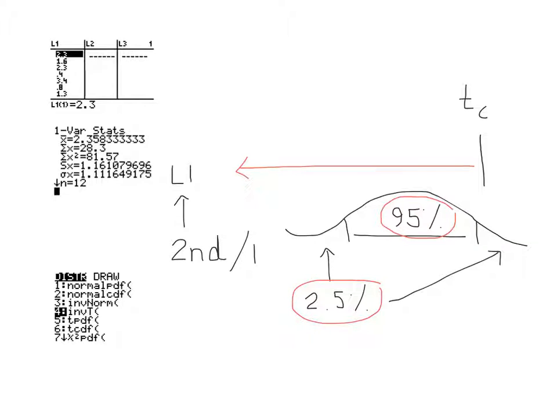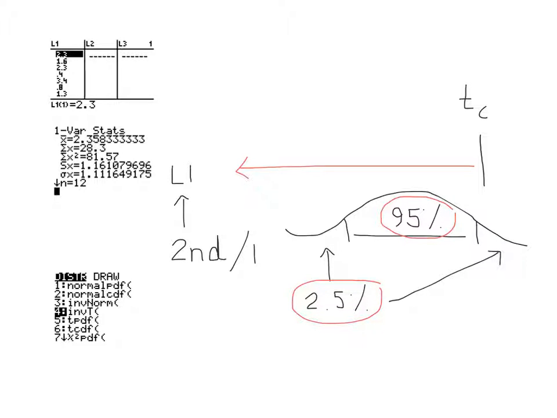And then you have to give it the area below that upper critical value, which we've decided is 97.5% or 0.975, but also the t distribution depends upon its degrees of freedom.